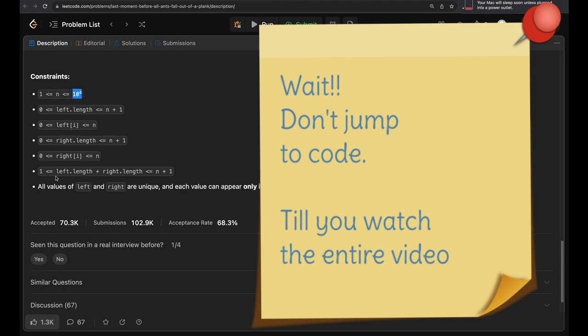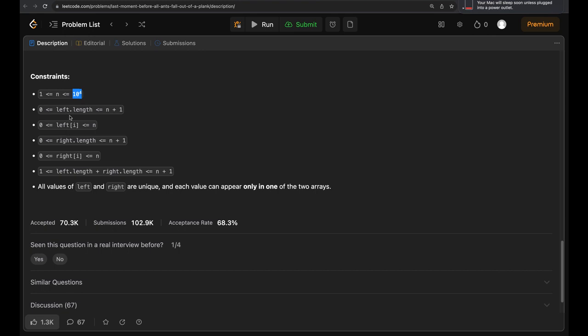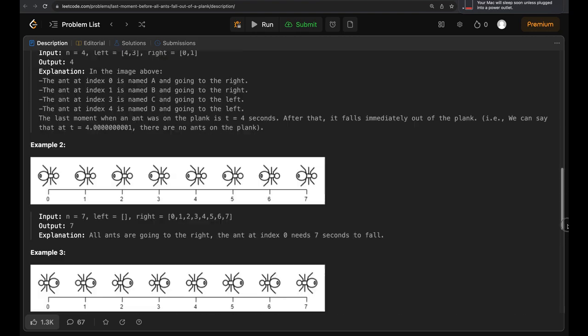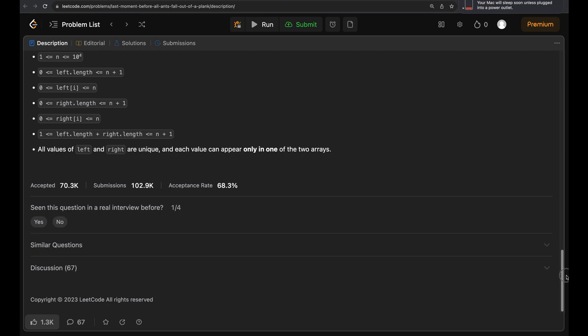No such big deal. It also says that the left length is this, the right length is this, obviously. All values of left and right are unique, and each value can appear in only one of the two arrays. Great. So this can be done.